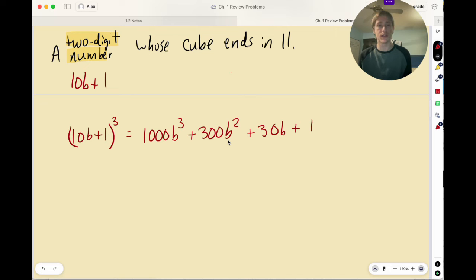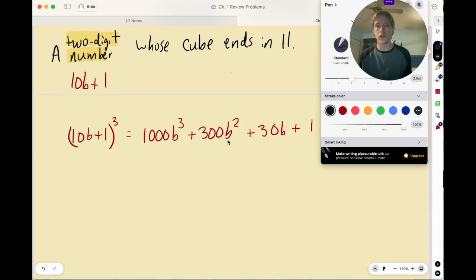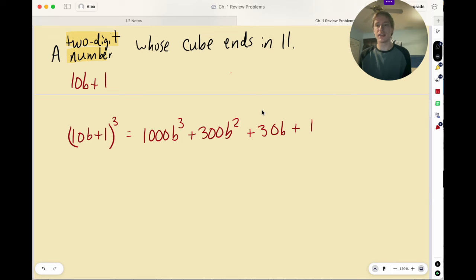Okay. Now comes kind of the interesting part. To say that something ends in 11, let's talk about what that means. That is going to mean that the number is congruent to 11 modulo 100.